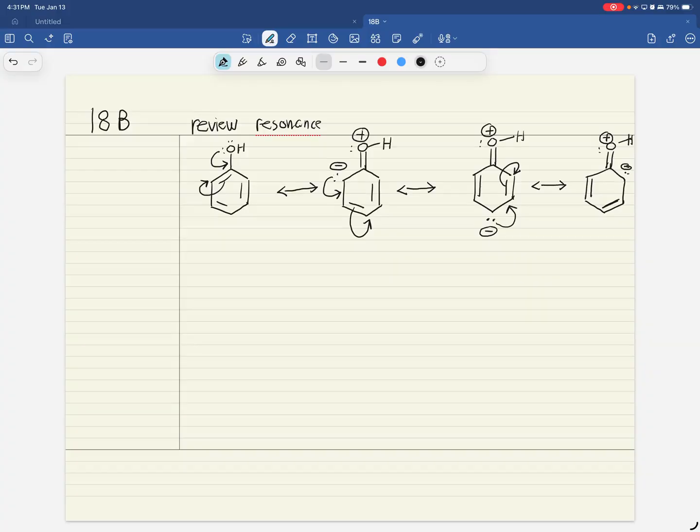There you go. So you see here we have 3 positions where the negative charge is forming. If you actually put this, this is called phenol. If you put phenol in the presence of a good electrophile like bromine or chlorine, you're going to see that products will be attached here.